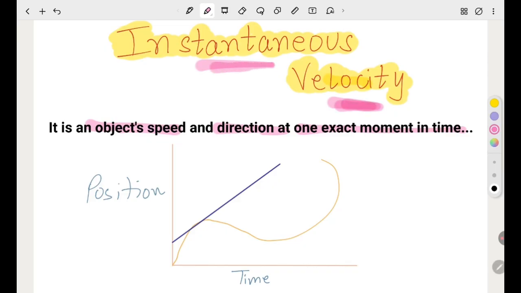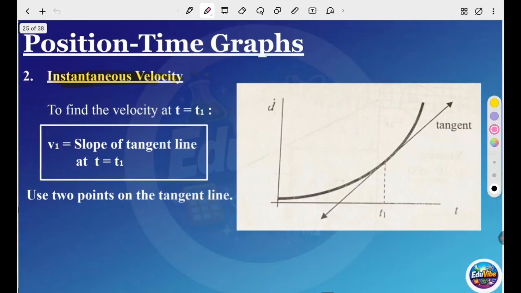For the instantaneous velocity, we have a position time graph, and at this point of time, we have that one exact moment where we calculate the speed and the direction for this object. Here we touch with only one point. On a curve or a circle, when we touch only one point, we get the tangent.